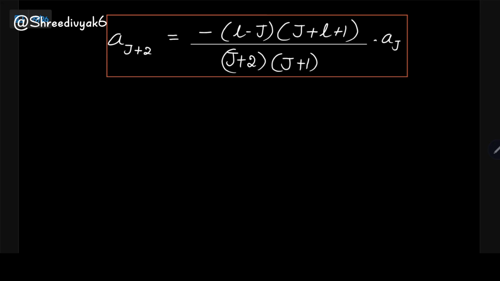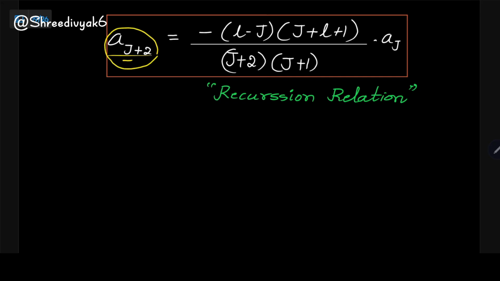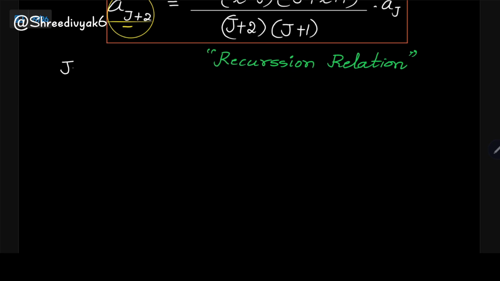Now, from this recursion relation, we are going to put the values for this j. Once we substitute the values for j, I am going to get the different coefficients depending on the values of j. As I said earlier, j can have even or odd values, right?